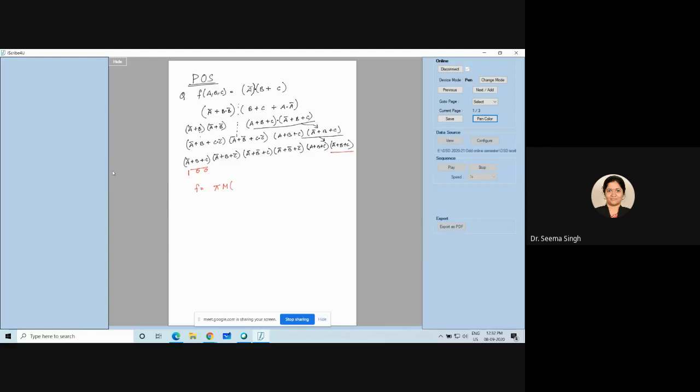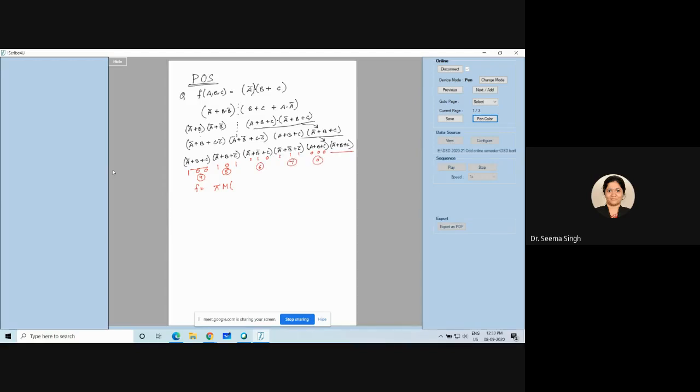Here also bar is a 1 and without bar is a 0. So what does this make? 100 is a 4, 101 is a 5, this is a 6, this is a 7, and this is a 0.